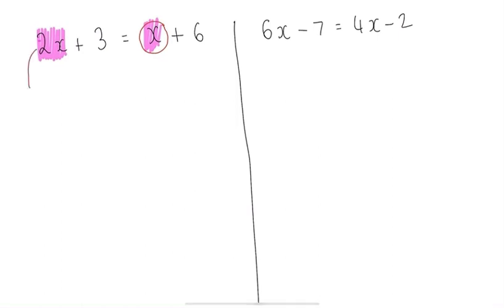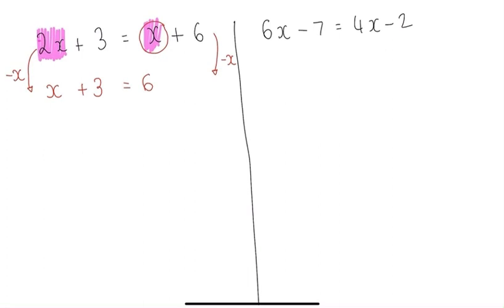So we want to get rid of our smallest value of x. Because it's a positive x, to get rid of it, we need to do the opposite, so we're going to take away x from both sides. 2x take away x is just x. We've still got our 3 because we can't simplify that, as they're not like terms. And we got rid of that x, so we've just got 6 left.